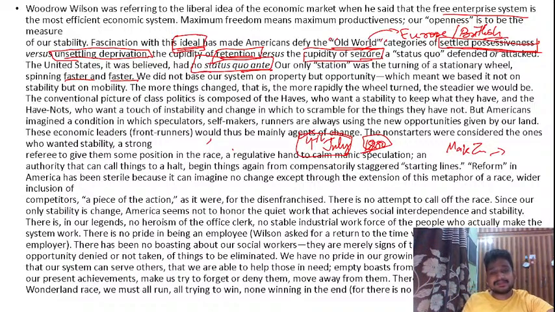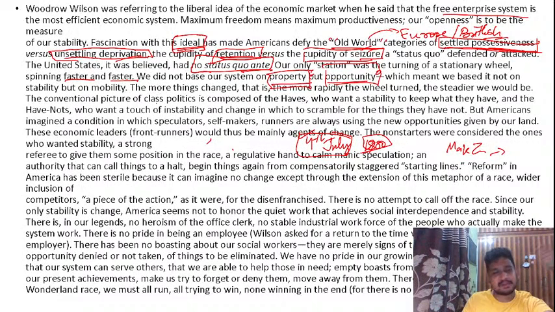We did not base our system on property but opportunity. So this is clearly the repetition of settled possessiveness versus unsettling deprivation. Settled possessiveness is property, whereas unsettling deprivation is opportunity. You're not settling. Whatever comes your way, you take that opportunity. Which meant we based it not on stability but on mobility.